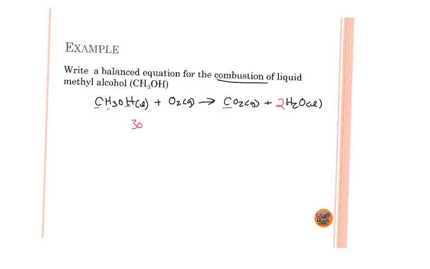And then I have to add 1 more from here, so that is 4 oxygens. So that's balanced. But I can't have fractions in my balanced chemical equation. So the best thing to do would be then to take the whole thing and multiply it by 2.